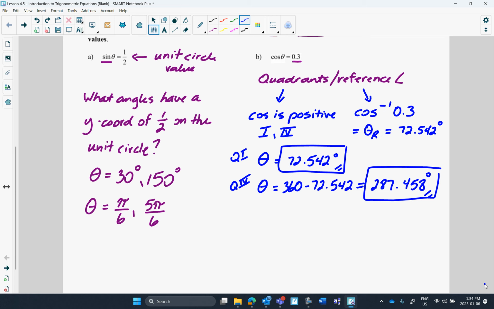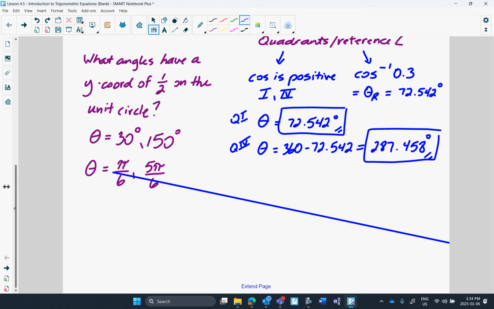But what if you were asked to answer in radians? Because we have to do both in this. Well, the quadrants are still the same, but this is going to give you a different answer because it's not going to give you the answer in degrees. It's going to give you the answer in radians.